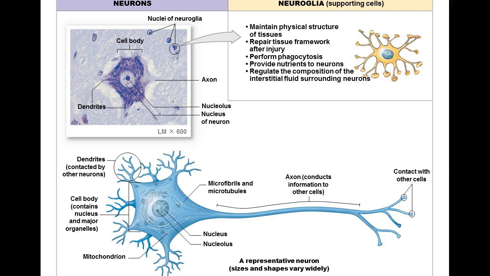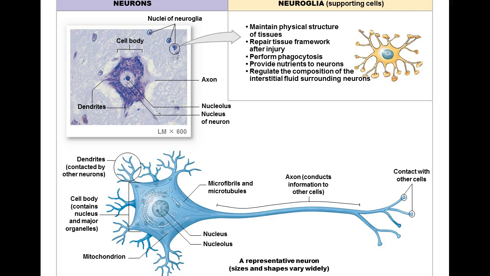And phagocytosis, so to a certain degree cleanup of pathogens, but mostly the nervous system, particularly the brain and spinal cord, have other features where it just doesn't let things in. We call it the blood-brain barrier.